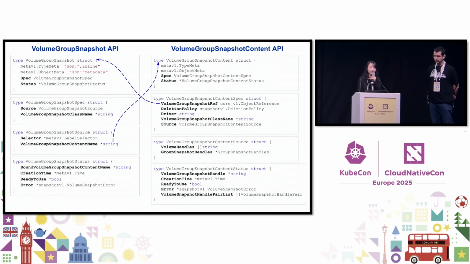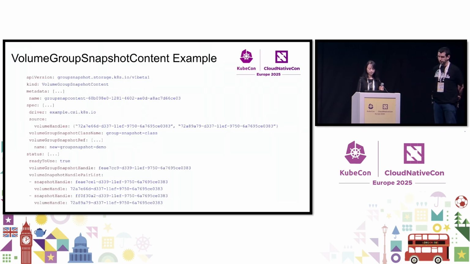The volume group snapshot and volume group snapshot content have a one-to-one mapping to each other. In the volume group snapshot content example here, we see volume handles in the source. In the status, we see volume group snapshot handle and the list of individual volume handle and snapshot handle pairs.